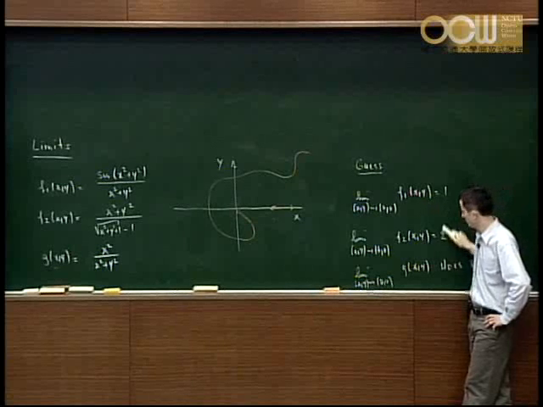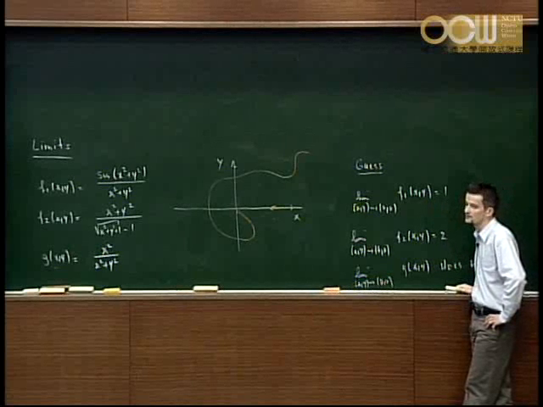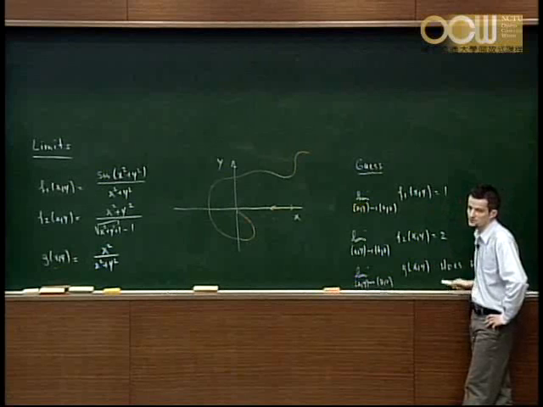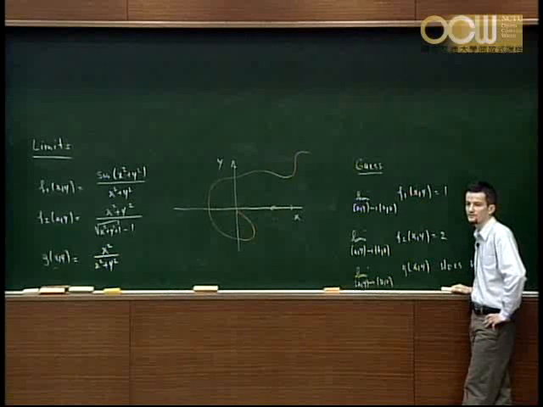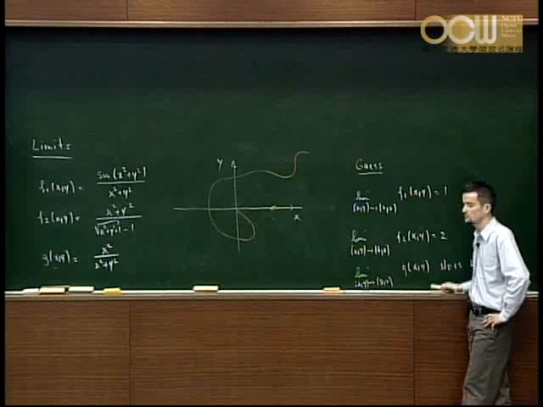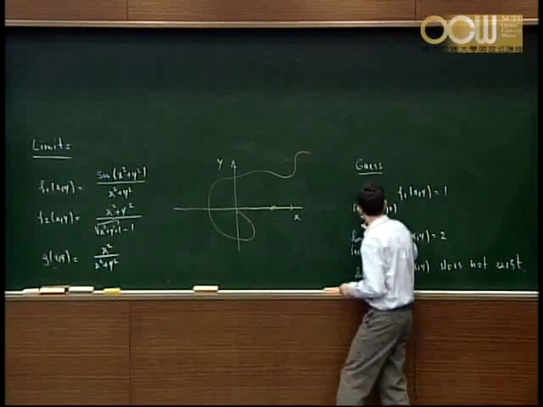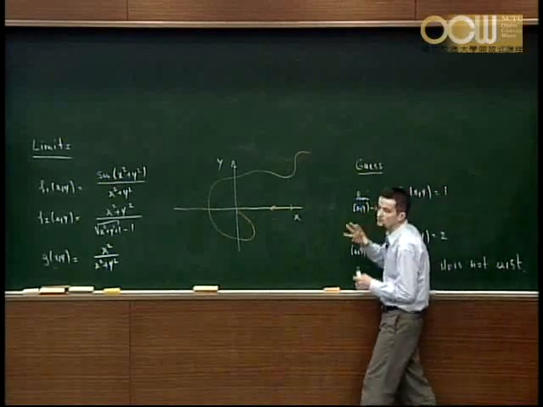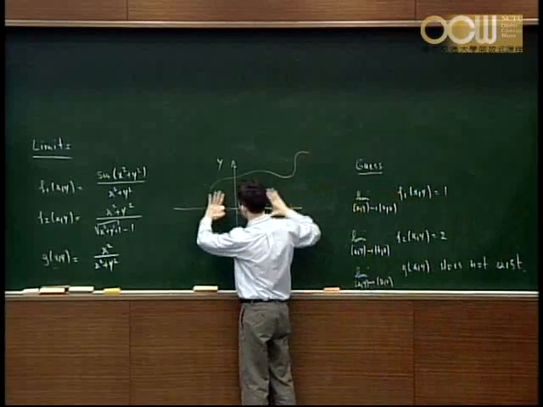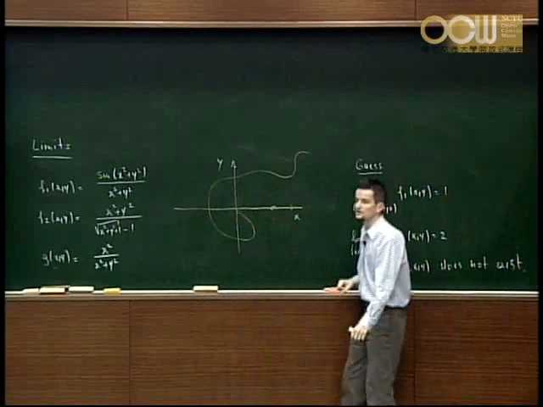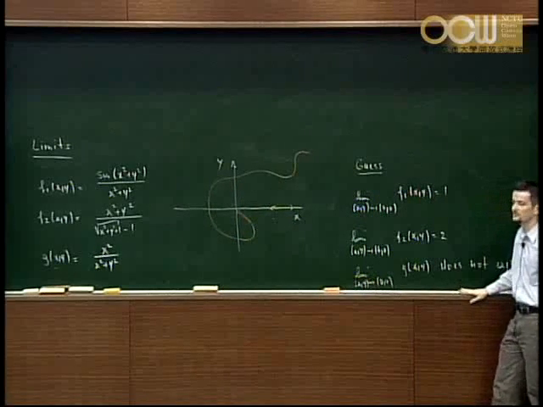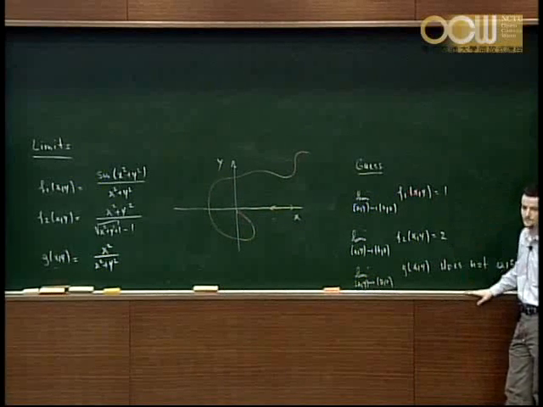Whereas for this one here, you will observe that if you approach differently, you might get different values, or you might not have any convergence. So you make your x and y both simultaneously smaller and smaller, and you want to understand what happens with the function values.